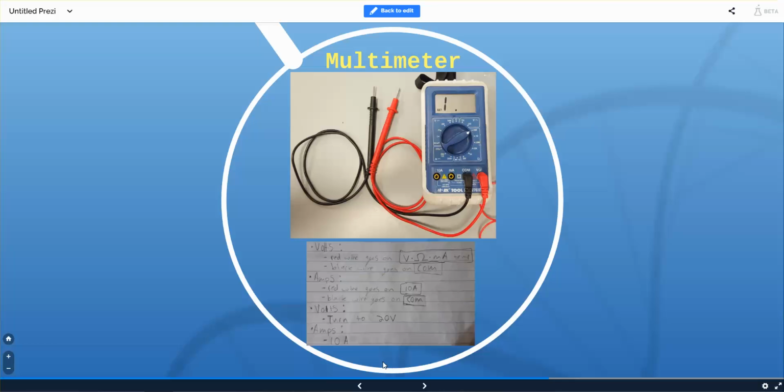And to measure the volts efficiently for the bulbs and circuits that we did in class, we had to turn the dial to 20 volts. And to measure amps, we had to move the red wire to 10A and keep the black wire on COM. And to correctly measure the amps, we had to turn the dial to 10A.